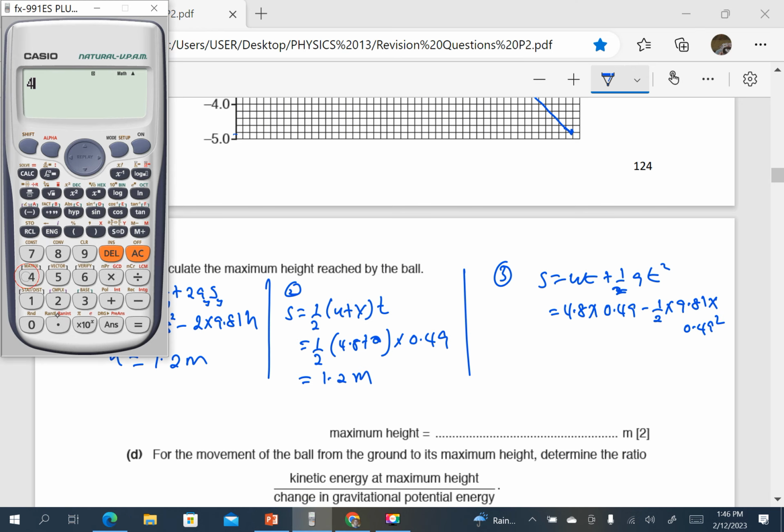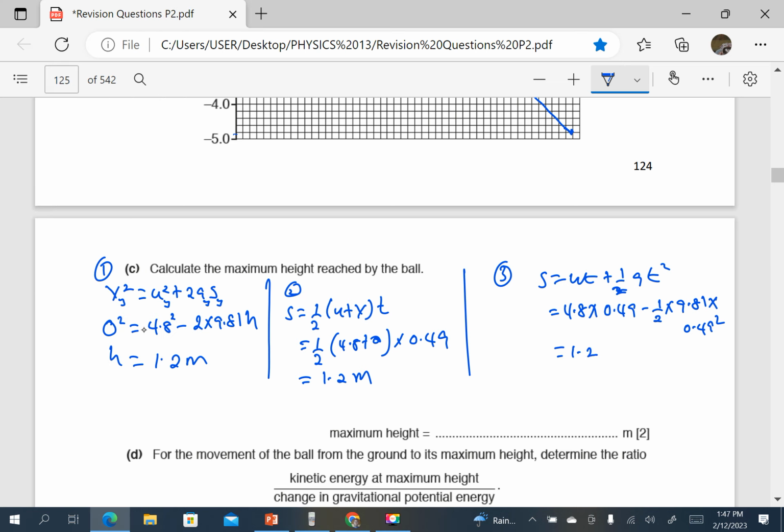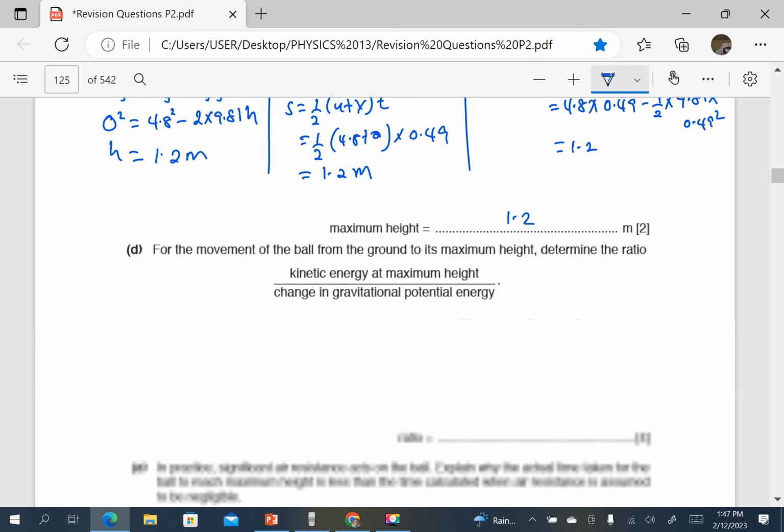So I have 4.8 times 0.49 minus 0.5 times 9.81 times 0.49 squared, which is still giving me s as 1.2. So the maximum height is 1.2 using either method.